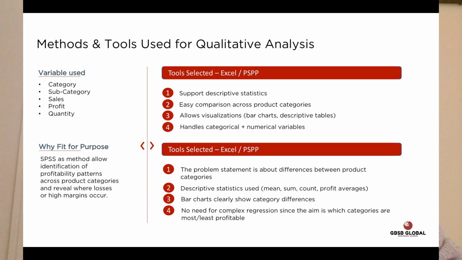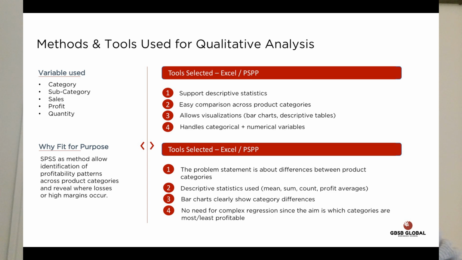The method fits the objective because I need to compare profitability levels across categories, not predict future values. The variables selected for the analysis include category, subcategory, sales, profit, and quantity. Using SPSS allowed me to quickly group the data, calculate the totals and averages, and visualize the results clearly.